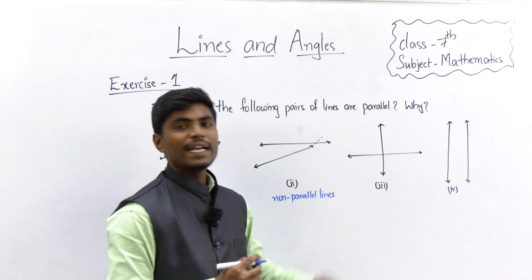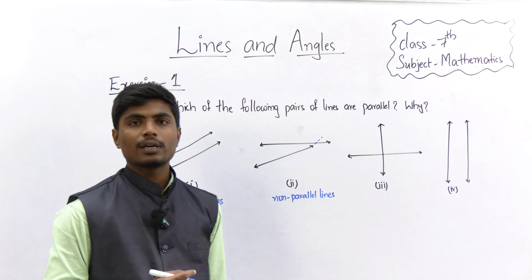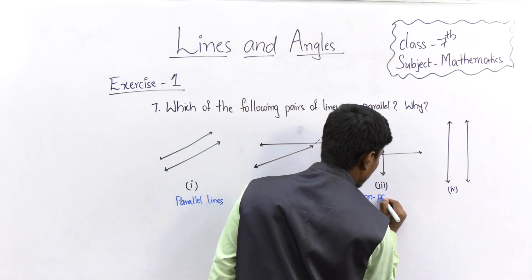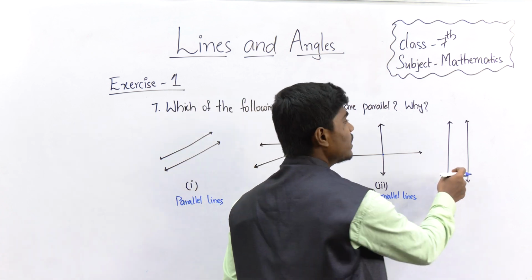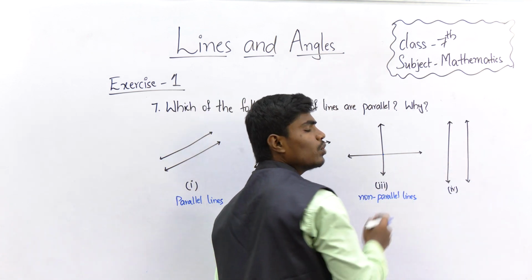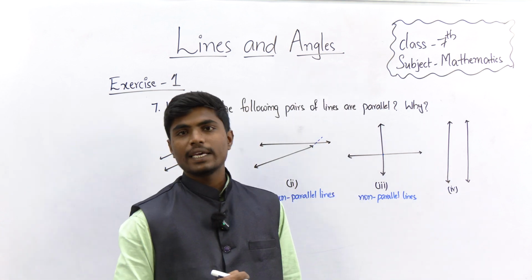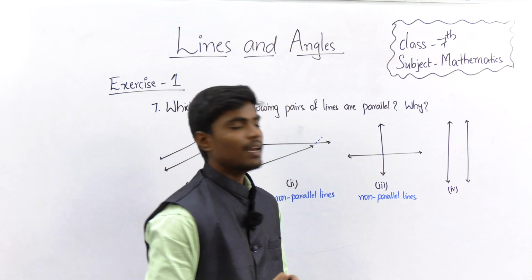They intersect each other, so the third one is also non-parallel lines. Now in the fourth one, the 2 lines have no common point and they do not intersect each other. So the fourth one is also a parallel line.